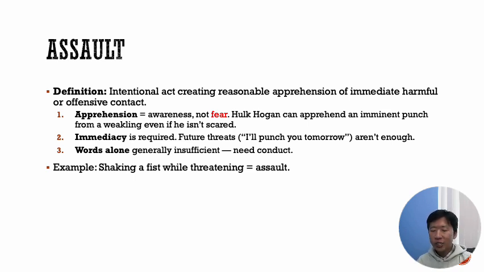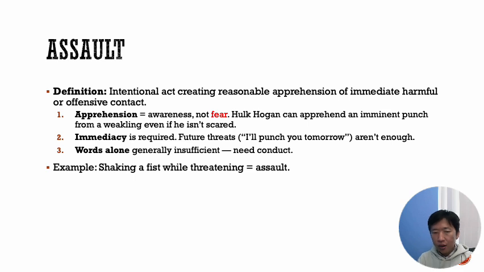The skinny woman waves her fist in the strong man's face, threatening, I'm going to beat you up. The strong man doesn't need to be afraid. As long as he is aware, he knows the woman is going to hit him, that constitutes assault, apprehension.